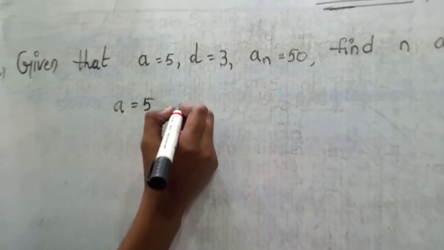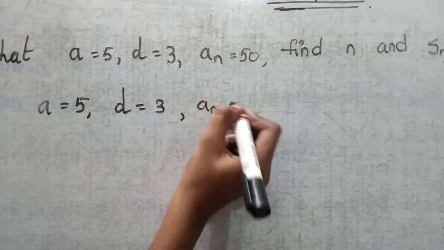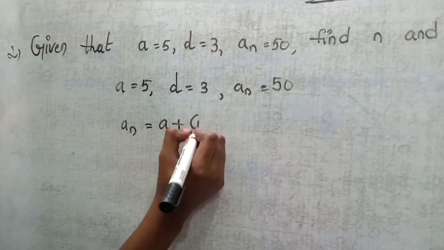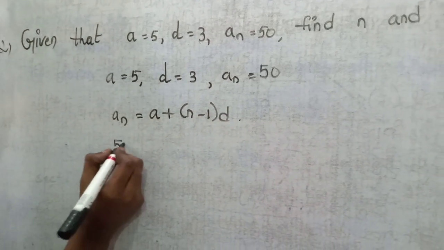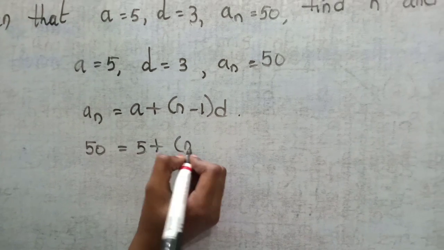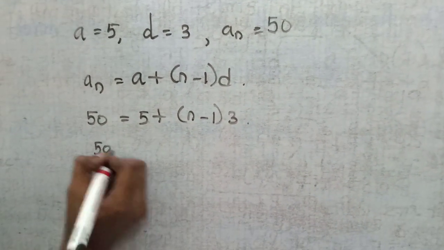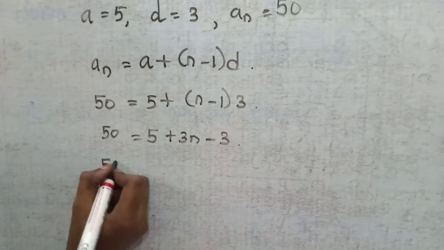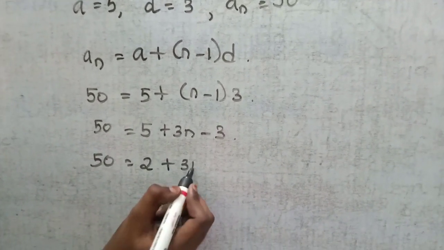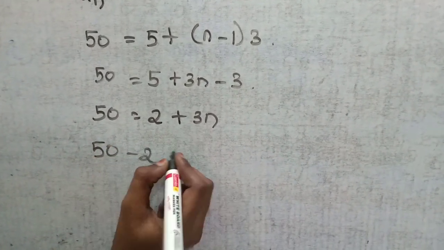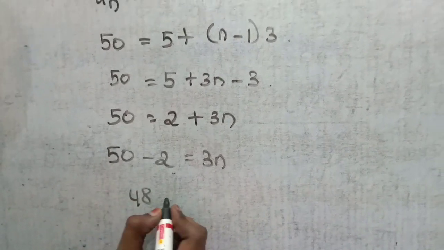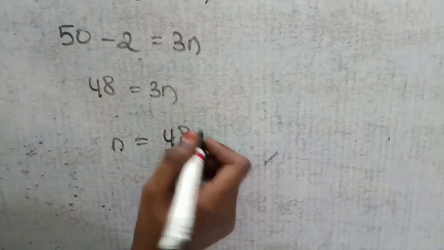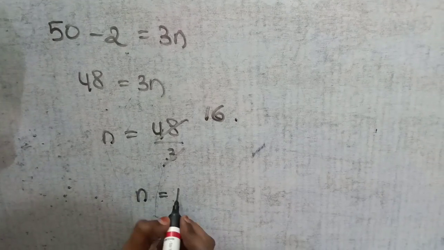The formula to find the nth term is An is equal to A plus n minus 1 into D. An is 50. 50 is equal to 5 plus n minus 1 into 3. 50 is equal to 5 plus 3n minus 3. 50 is equal to 2 plus 3n. 50 minus 2 is equal to 3n. 48 is equal to 3n. n is equal to 48 by 3. n is equal to 16.